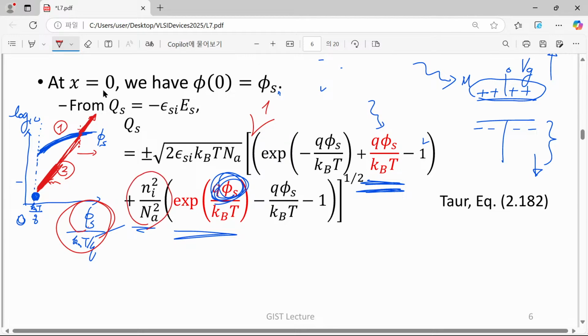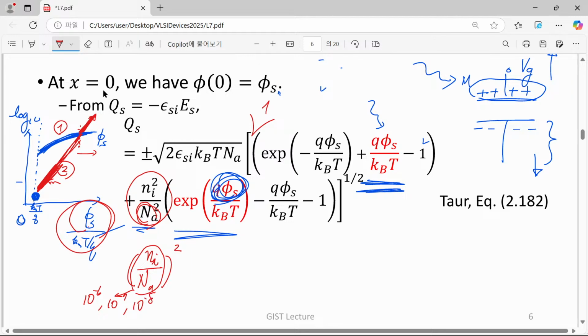Yes, you're right. This corresponds to the hole density, and the squared hole density, and therefore it corresponds to the square of Ni over Na. Usually this number is quite small, like 10 to the minus 6, 10 to the minus 7, 10 to the minus 8.